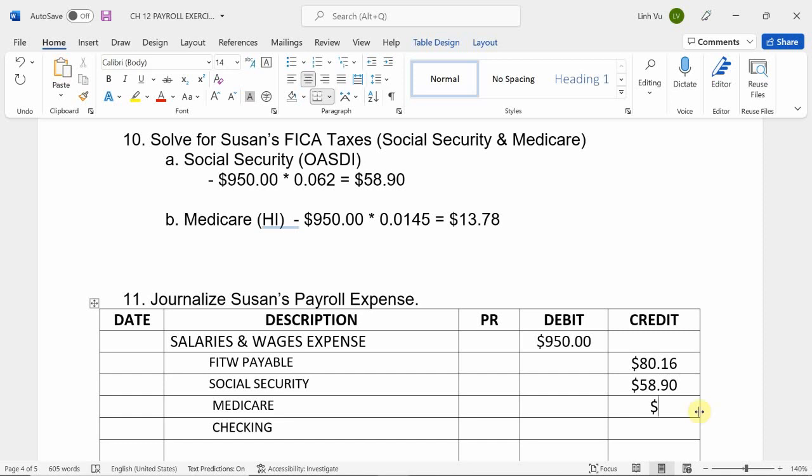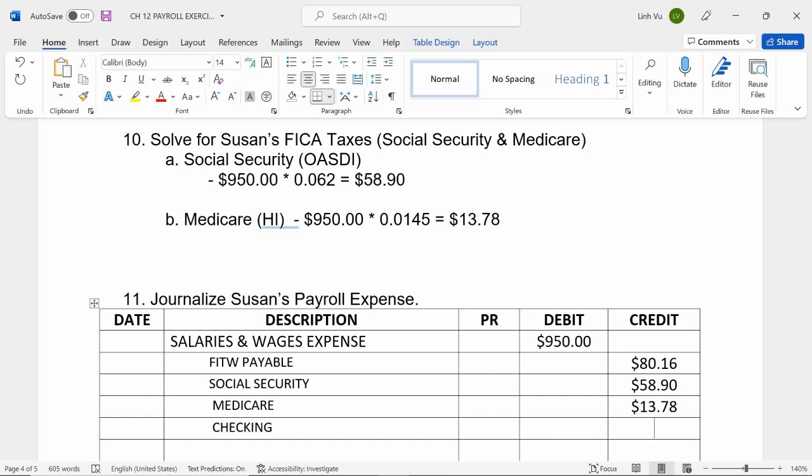And how much Medicare? Medicare is 13.78. So how much is her check going to be? 152.84 is what we take from her.